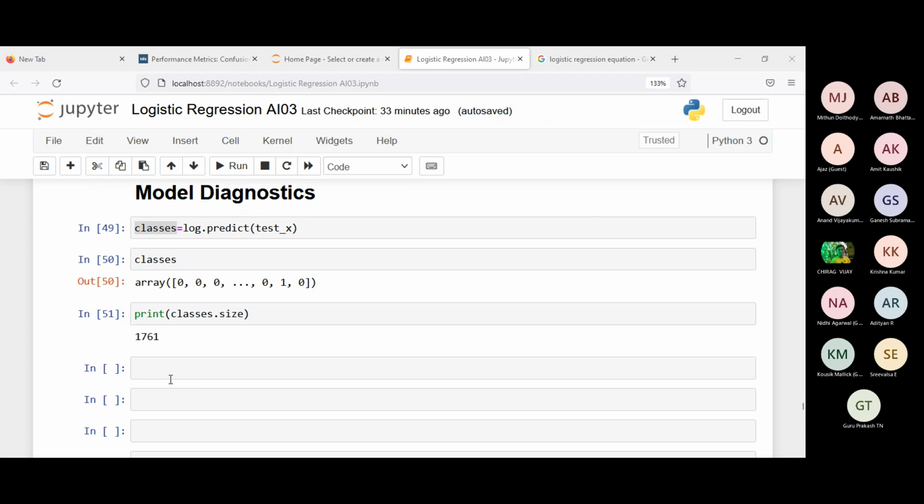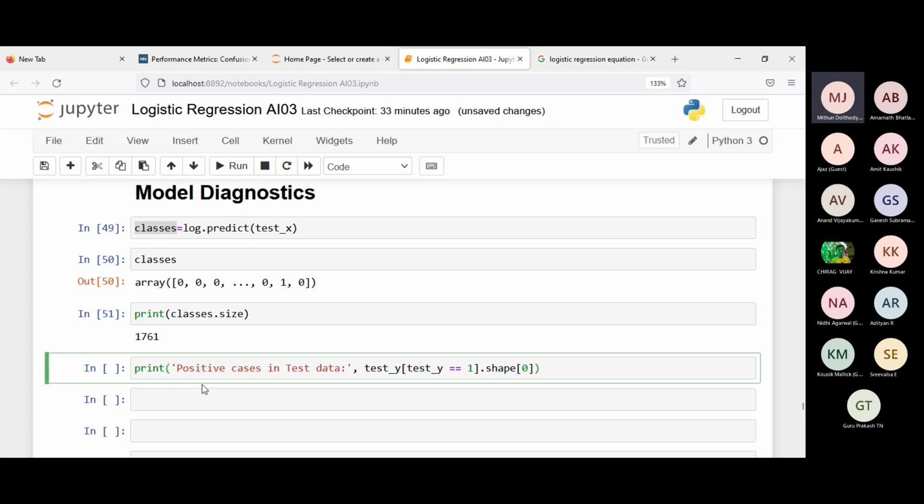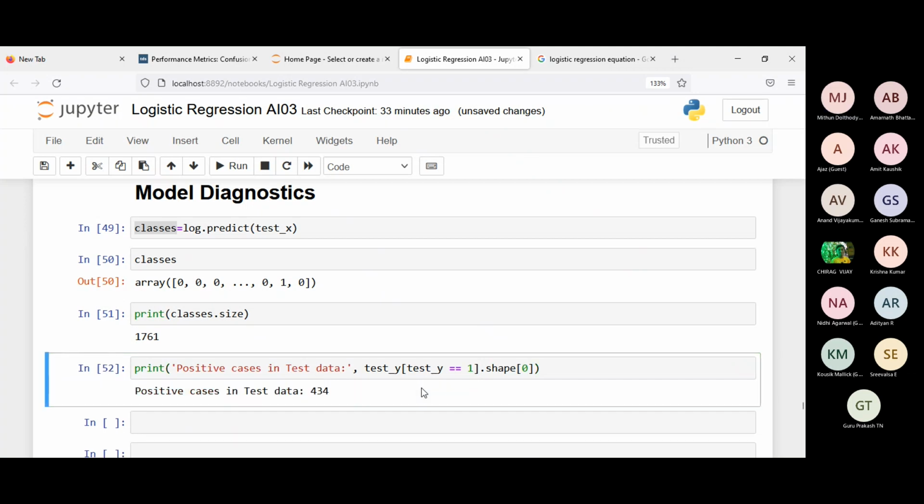Now, total number of positive cases in the test data set. I will just print the positive cases in the test data set. How much is it? 434.